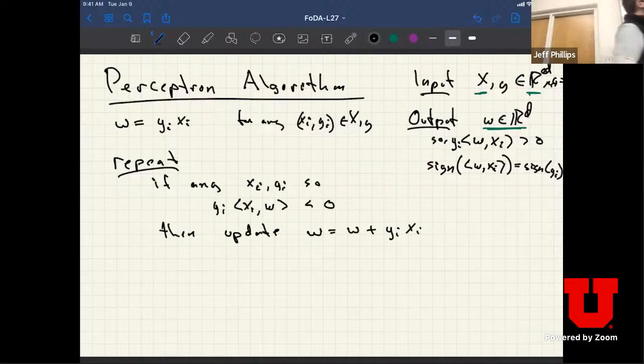Again, I use the duality that w and xi have the same form, so I can add them together with the sign. And this pushes it in the right direction.